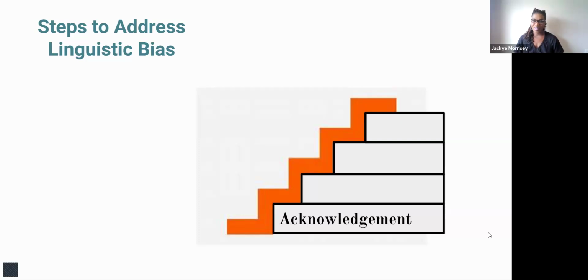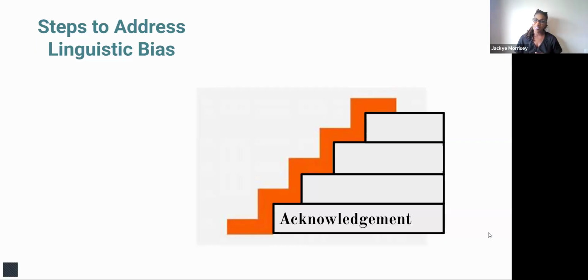The first step that we all need to take is that we acknowledge that we all have our biases, whether we want them or not. We all have backgrounds. We all have experiences. We all have different levels of learning and different opportunities that we've had throughout the years to engage with people.